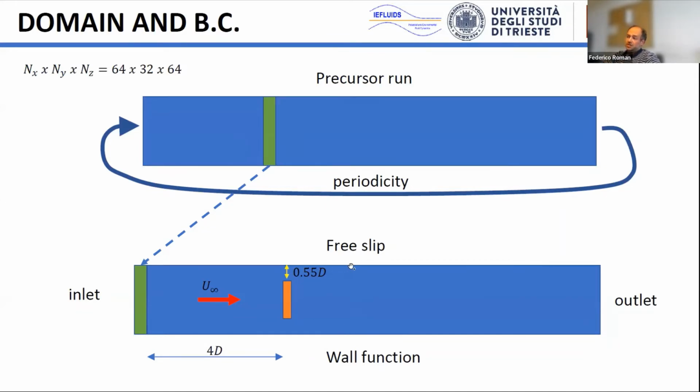Then we are considering just a free slip at the top layer, and at the inlet we are providing a fully turbulent field that comes from a precursor run. So we run the same case, but with a periodic condition in the streamwise direction, storing a plane of instantaneous velocity field data, and then providing this as an inlet condition.